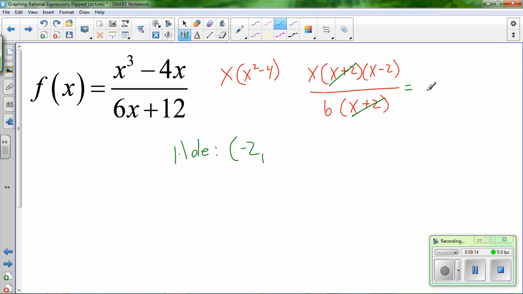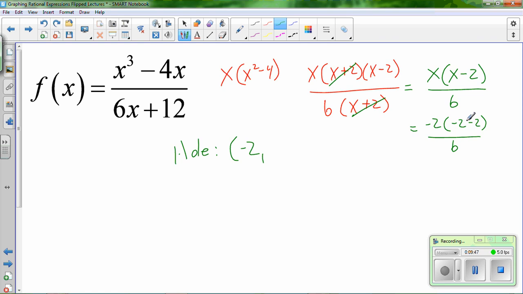So once these x plus 2's are crossed out, writing this in lowest terms gives us x times x minus 2 over 6. Hold on, I just want to clean that up a little bit. And so plugging a negative 2 into that is going to give you negative 2 times negative 2 minus 2 over 6.